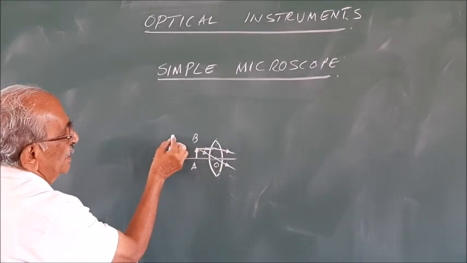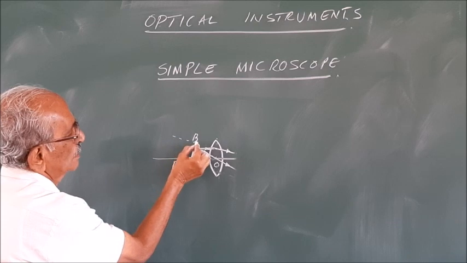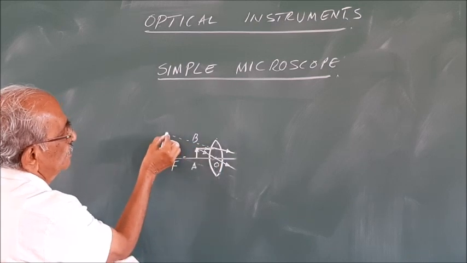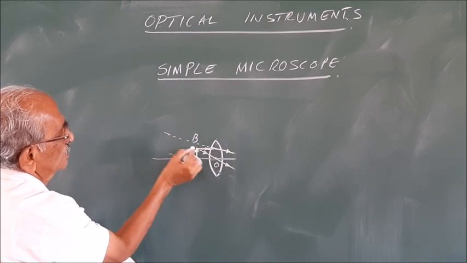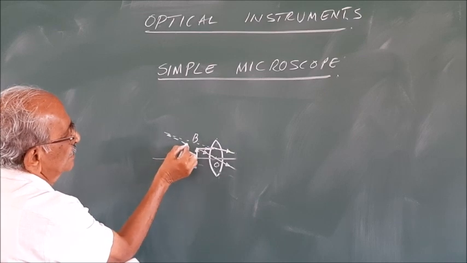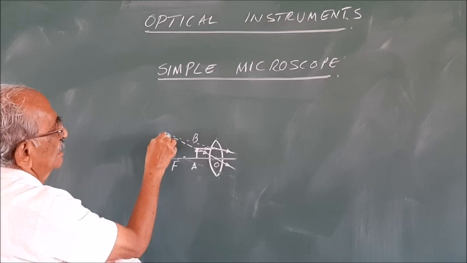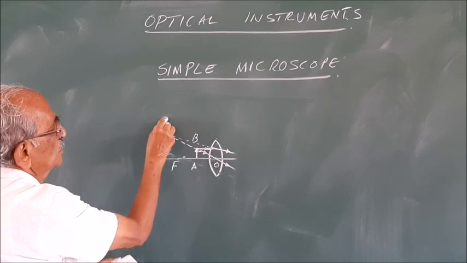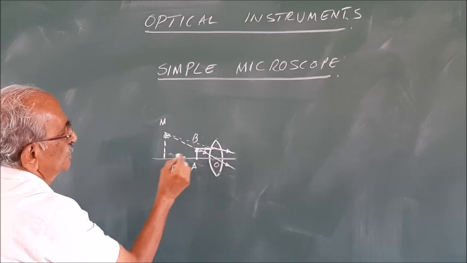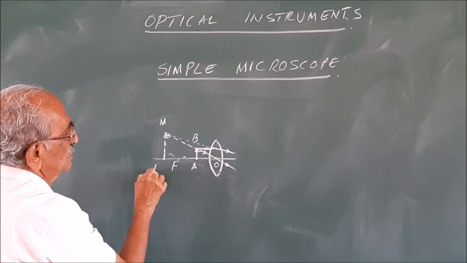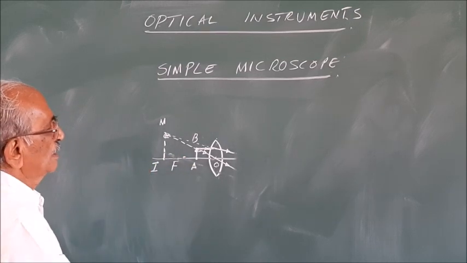If I produce them back, like this, the rays meet here. So this is the image of B. The image of A is like this.